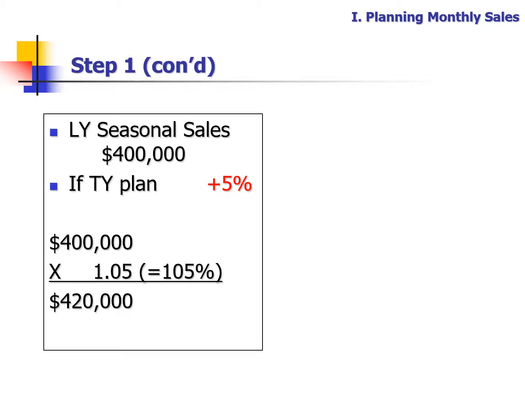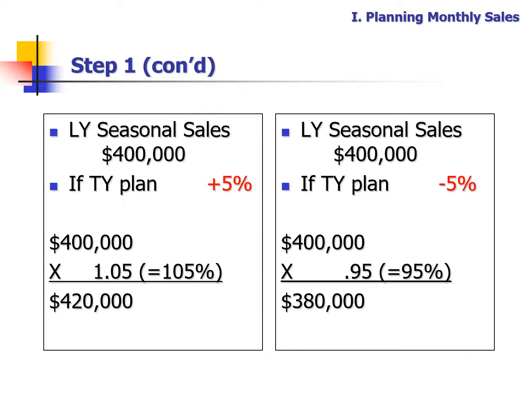Or we can do what's shown on this slide. A 5% increase from last year's sales would be 105% of last year's sales that will have to happen this year, right? So 1.05 or 105% times last year's seasonal sales, $400,000, which gives us $420,000.